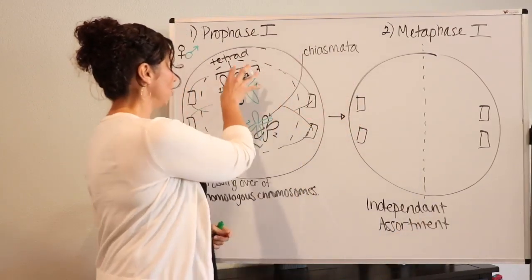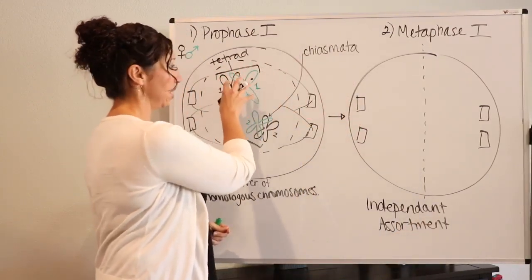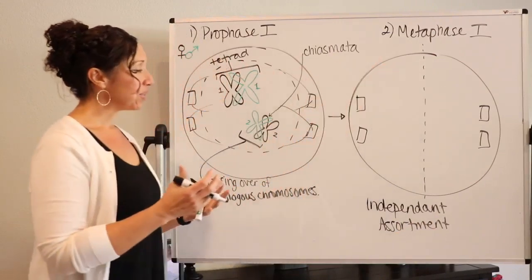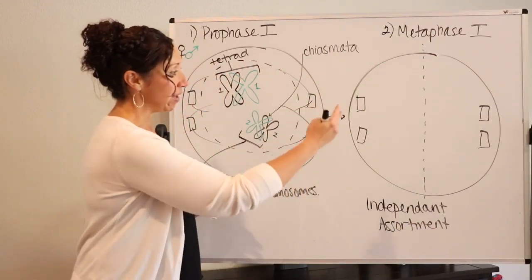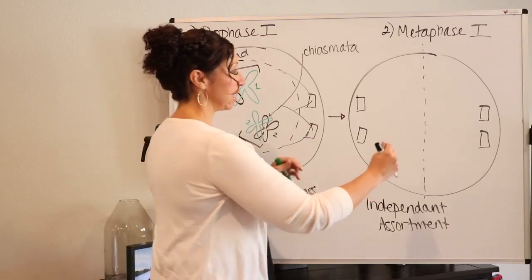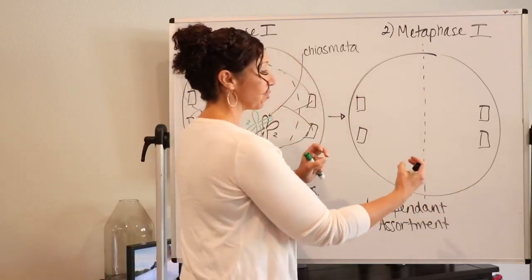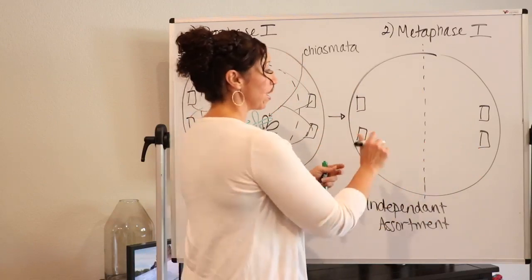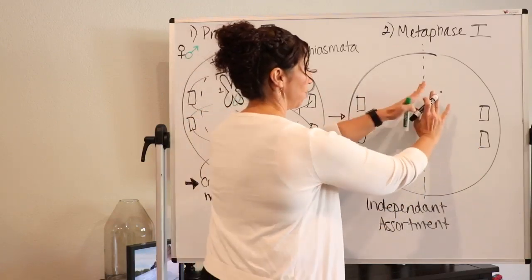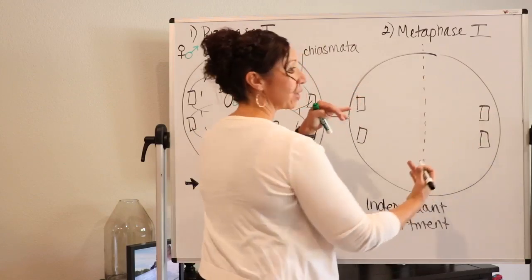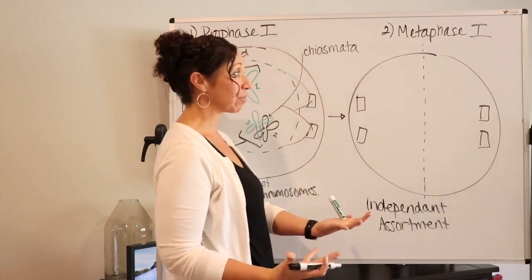So if I take the tetrads of chromosome 1 and I put them up here, who's to say that in this metaphase plate, this is going to be the site where we start to see the first split. Just like in mitosis, where we lined up all the chromosomes and one chromatid went here, one chromatid went here, we're going to see something very similar in meiosis.